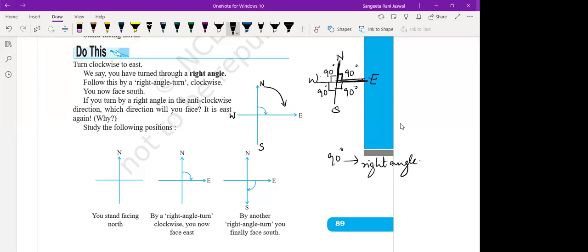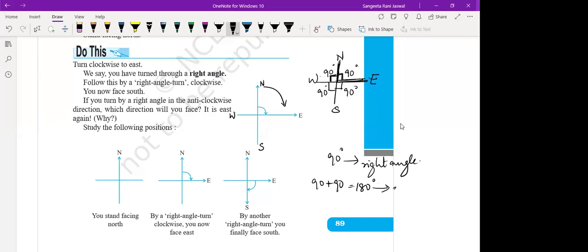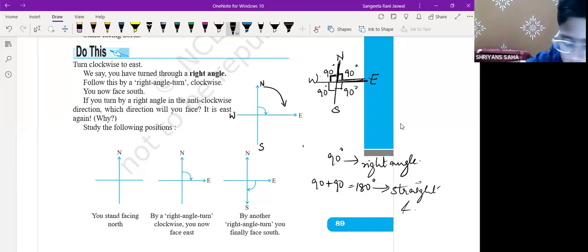Suppose I have this 90 degree and this side also I have 90 degree. So 90 plus 90 will become 180 degrees. And this 180 degree is called a straight angle, right? This is called a straight angle.